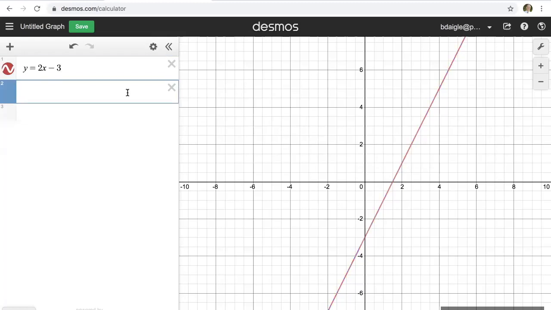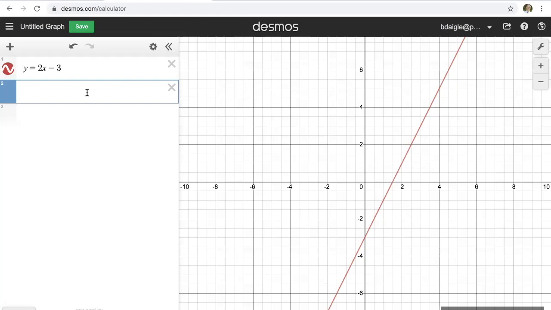A system that has no solutions will be a set of equations that never cross. They don't touch anywhere. So how do I get two lines not to cross? That's right. They can have the same slope, but they're not going to be the same line.